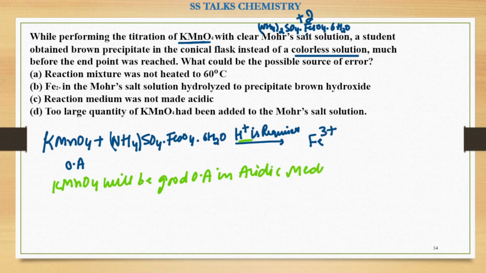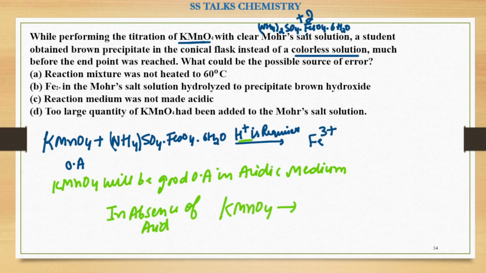If you do not add the acidic medium, KMnO4 in that case is converted to MnO2. In absence of acid, the KMnO4 gets converted to MnO2, which is a brownish precipitate.